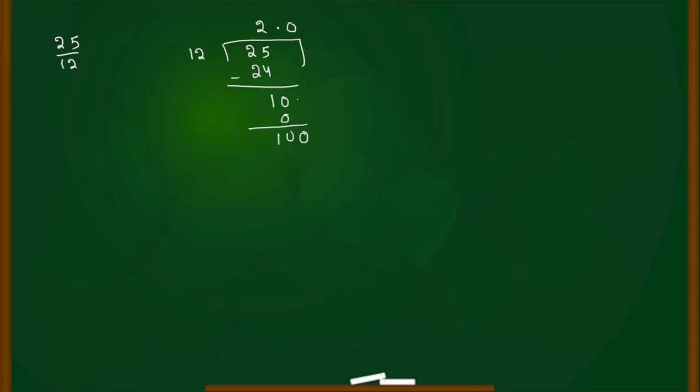Okay, now 12 8s are 96, remainder 4, then for the decimal 0, 12 3s are 36, again 4, 40, then 3s are 36, then it will be repeated, that is 3 dot dot.